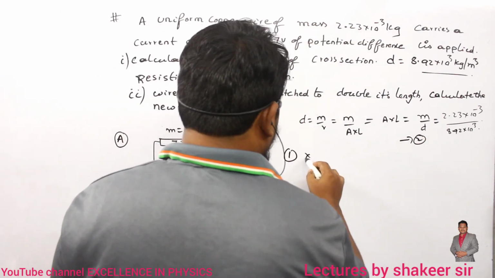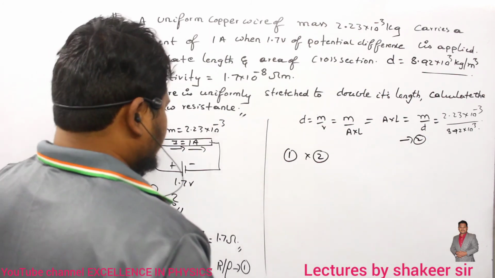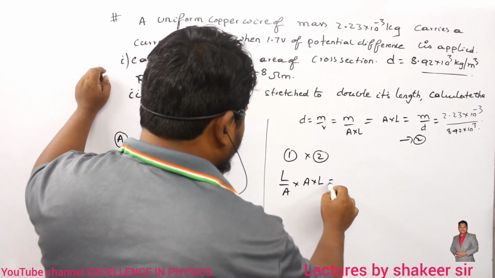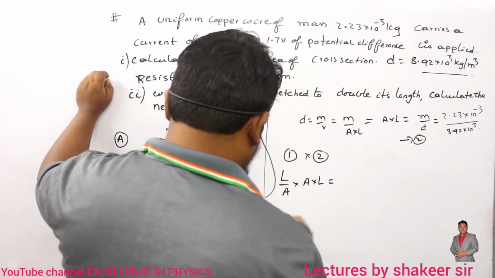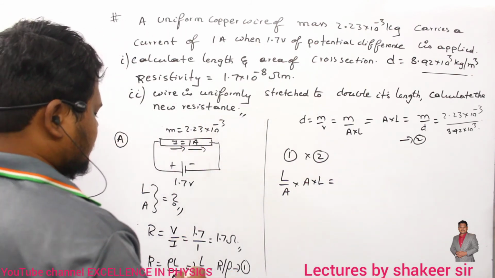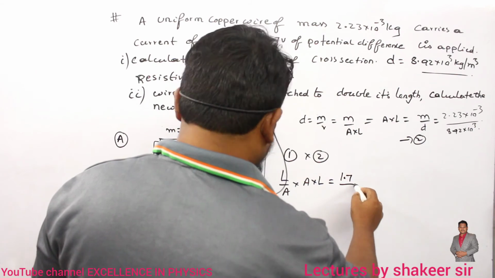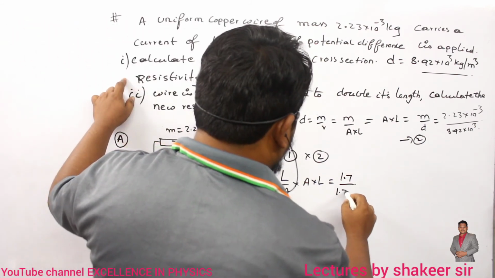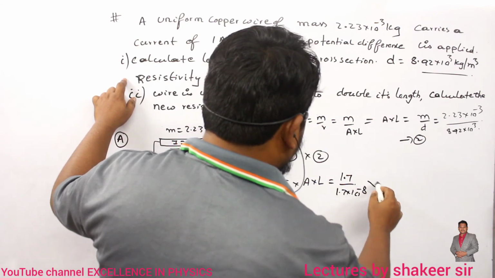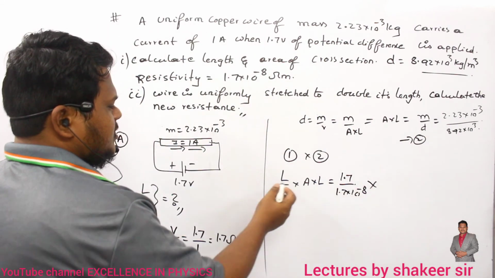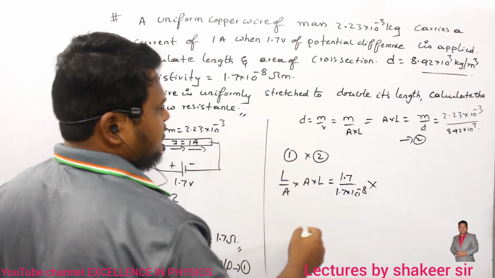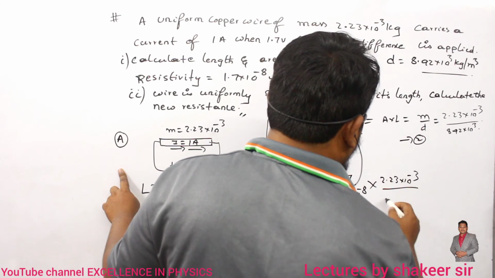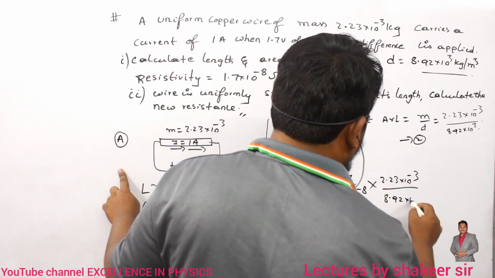I will do 1 into 2. If I do 1 into 2, what will I get? L by A multiplied by A into L is equal to R by rho. Resistance is 1.7. 1.7 divided by resistivity, 1.7 into 10 power minus 8, multiplied by A into L. A into L we have already calculated, so 2.23 into 10 power minus 3 divided by 8.92 into 10 power 3.